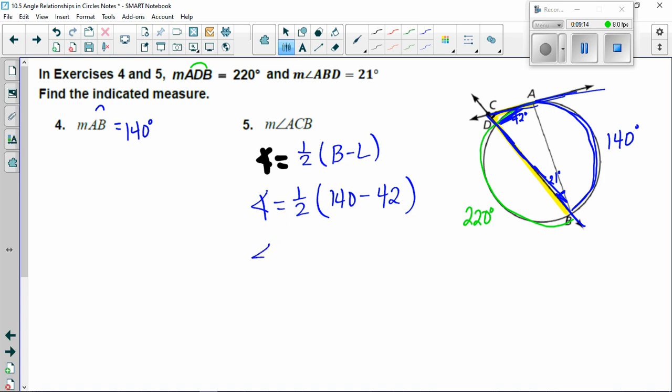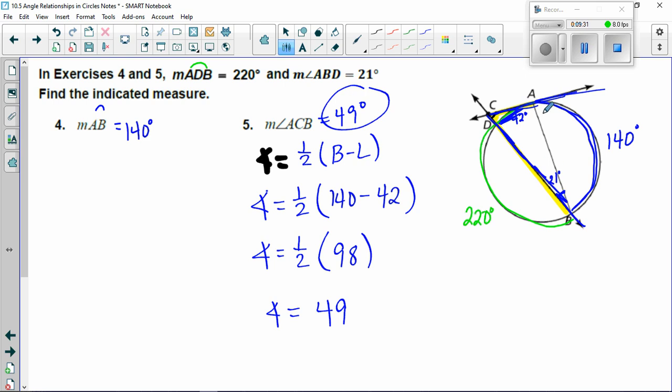So 140 minus 42 is 98. Half of 98 is 49. So this little angle out here is 49 degrees.